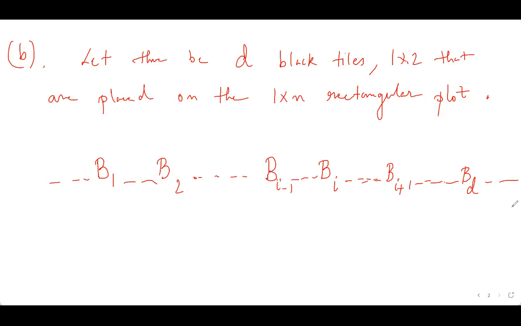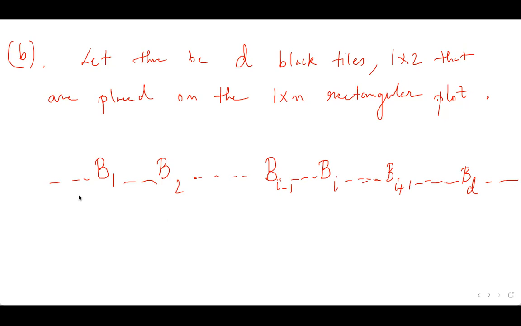So I know that these are the consecutive gaps, and on the last also, these gap lengths are greater than or equal to 0 and they are integers. Why integers? Because in those gaps, the count of unit squares has to be an integer. There can be 0 unit squares or more than 0.